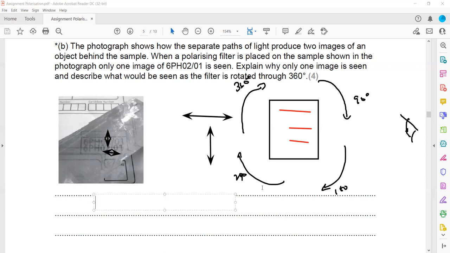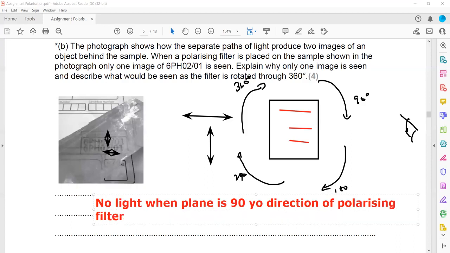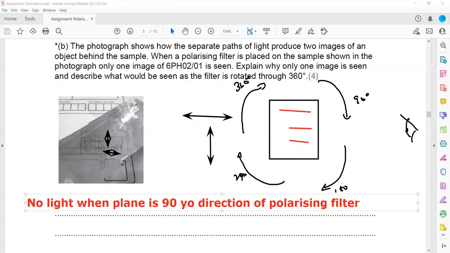Number one, the first point: there will be no light when the plane is 90° to the direction of the polarizing filter. So when the polarizing filters are at 90°, it will not allow the light to pass through.